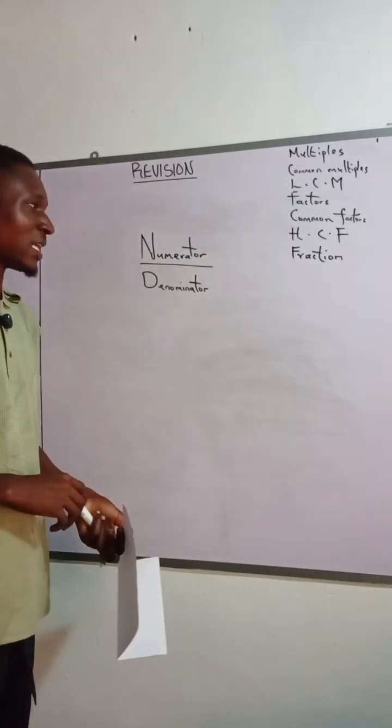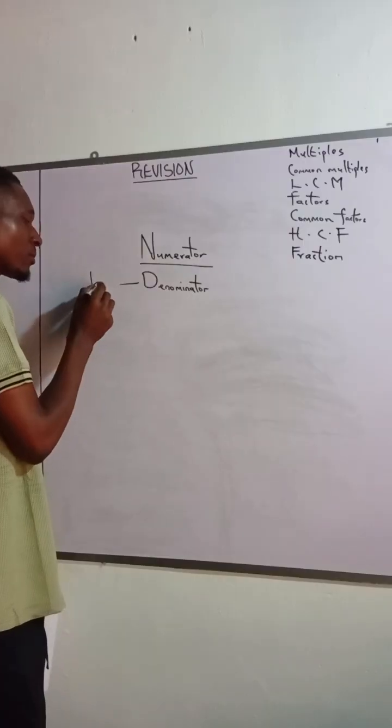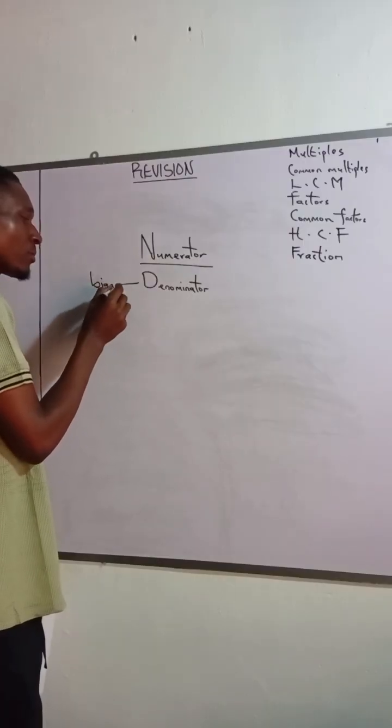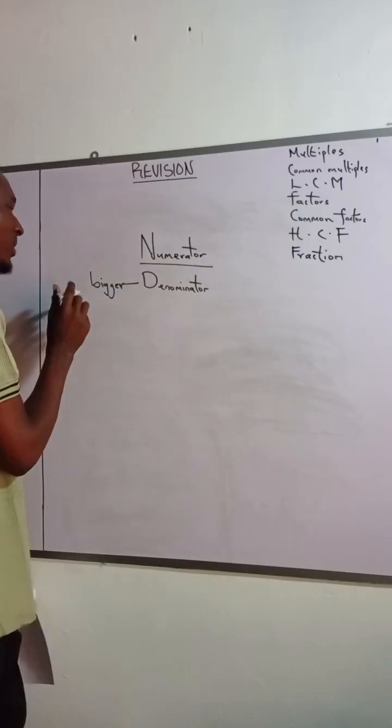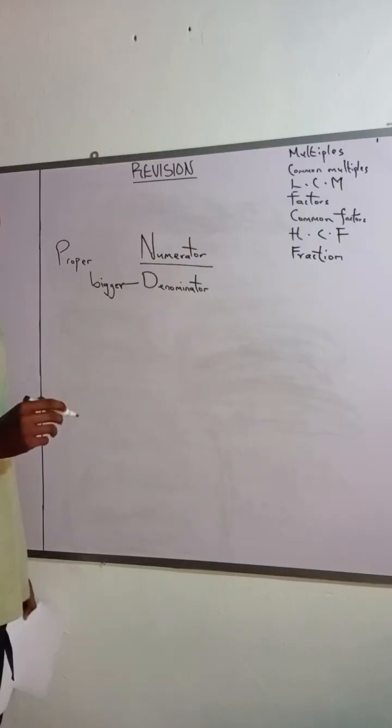So a proper fraction has the denominator bigger. When the denominator is bigger, it is what? A proper fraction.